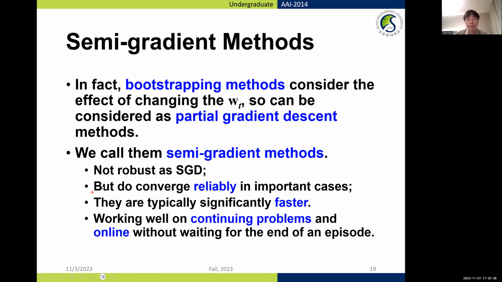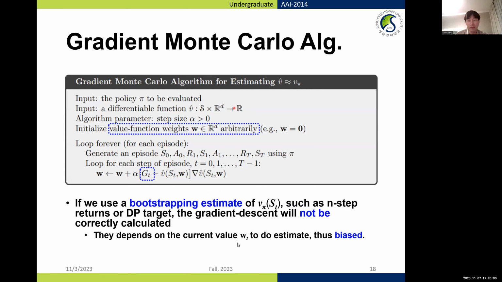If we use TD or other biased update processes, it becomes a semi-gradient method. We call them semi-gradient methods because we are using the changing W_t. It's like we are using an estimated value to update the previous estimated value.